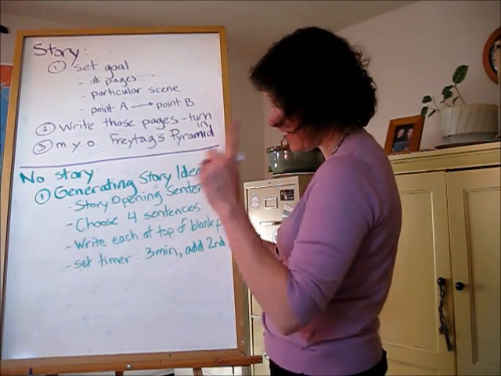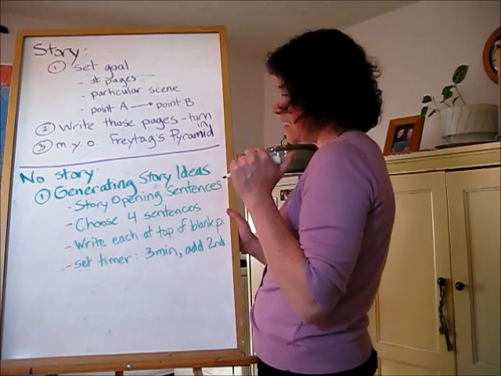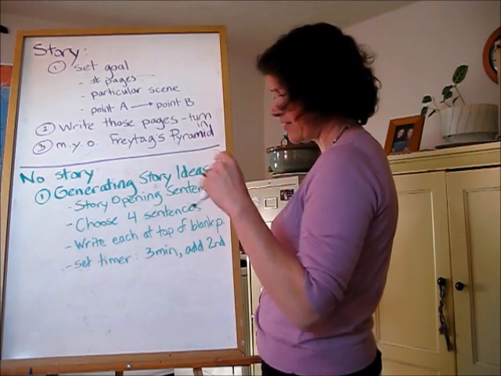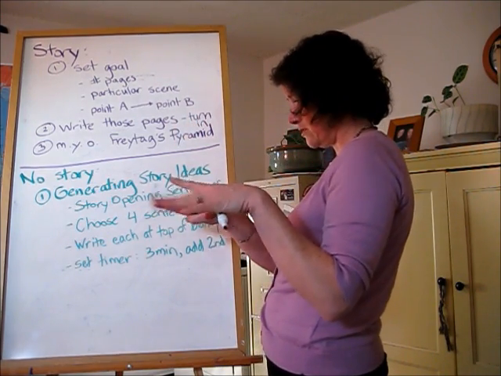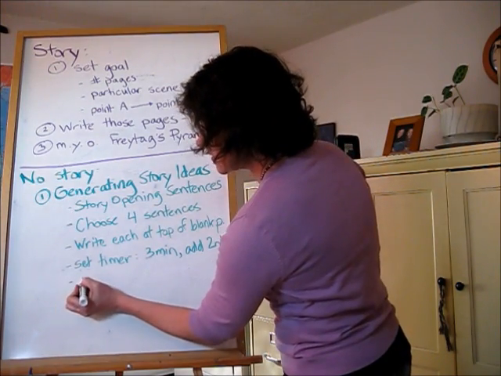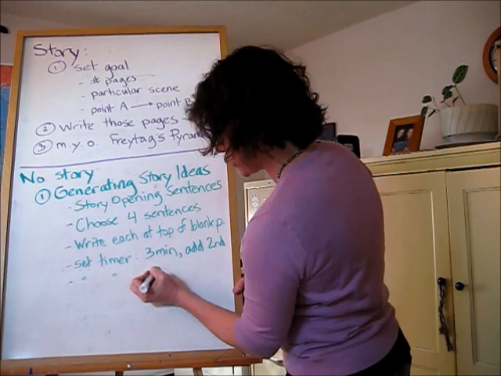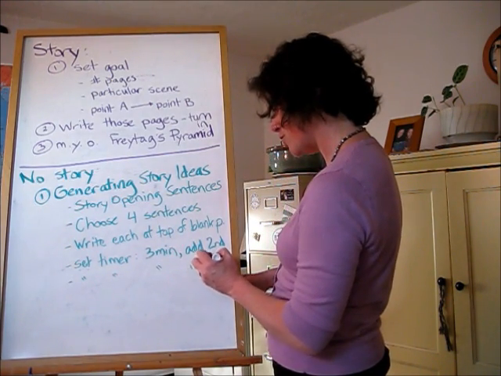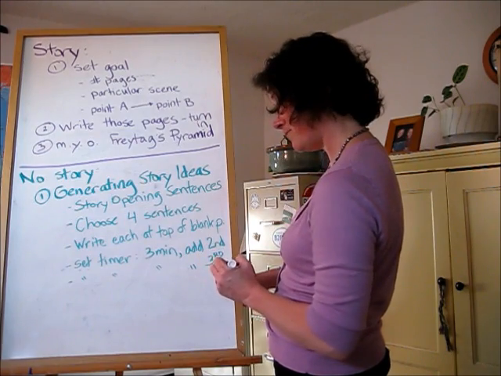And then, after that timer goes off, if you're using a pencil, flex your hand, get the cramps out. If you're using your keyboard, wiggle your fingers, give them a break. Set the timer again. So I'm just going to do ditto marks here. Set the timer for 3 minutes and add a 3rd sentence.